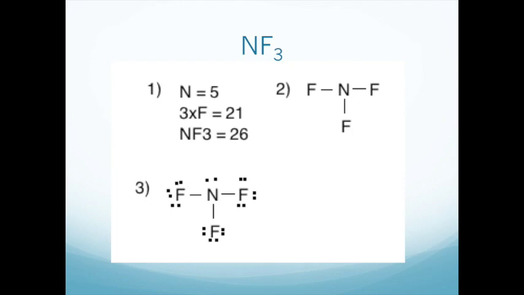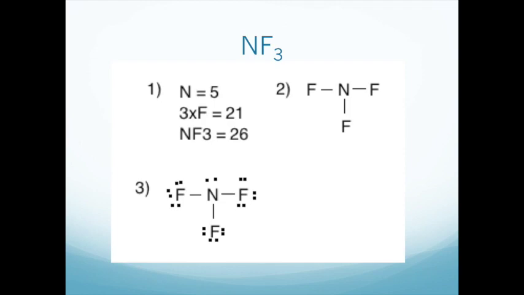Now, a similar molecule is NF3, or nitrogen trifluoride. Once again, nitrogen has 5 valence electrons, and fluorine has 7, so 3 of them have 21, for a total number of electrons of 26. Once again, nitrogen is the central atom, and we draw a bond between the nitrogen and each of the fluorines, which accounts for 6 of the electrons.